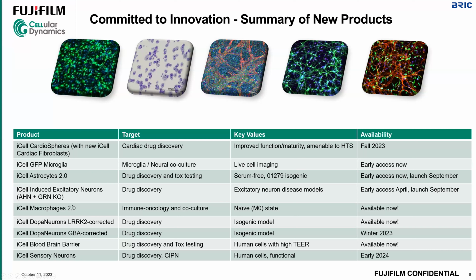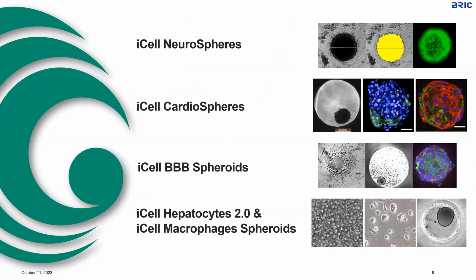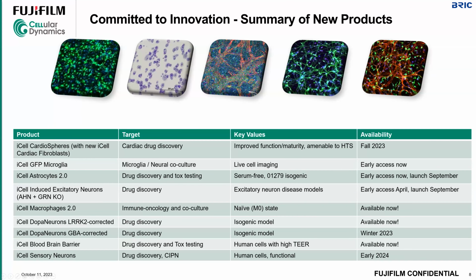And you can see a lot of additional information with regards to additional cell types that we have recently released in our portfolio, and also some cells which are becoming available now. And I can see that I need to update this slide, because induced excitatory neurons and astrocytes are available off the shelf right now.